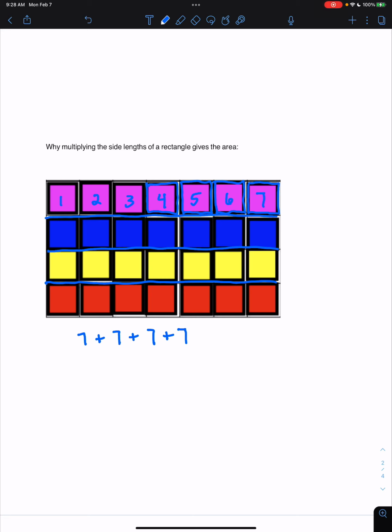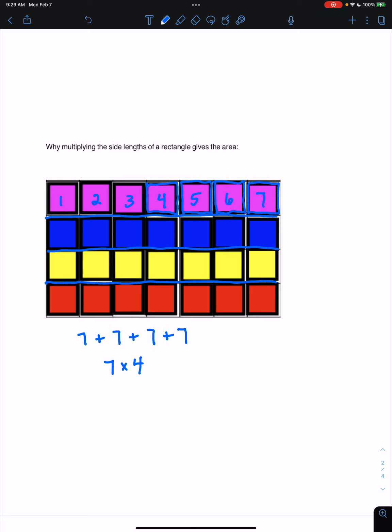And if you remember back when you learned about addition and multiplication, that multiplication is really just repeated addition. So what multiplication means is I'm adding 7 4 times.